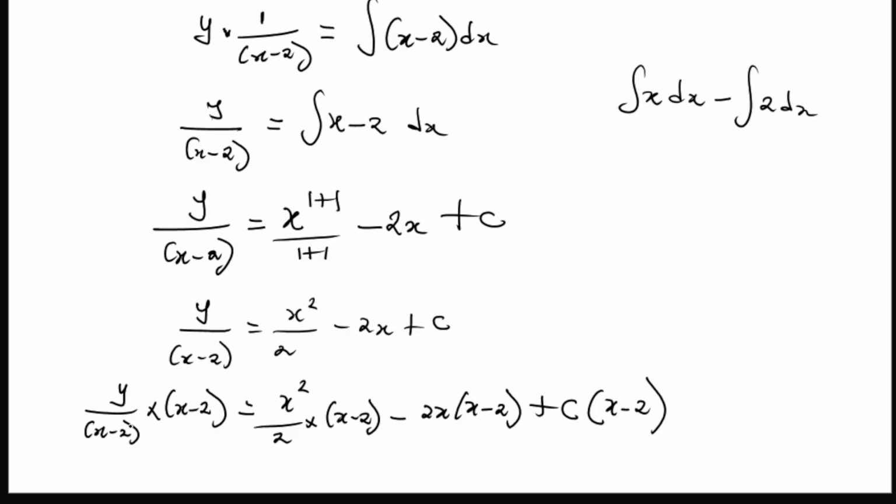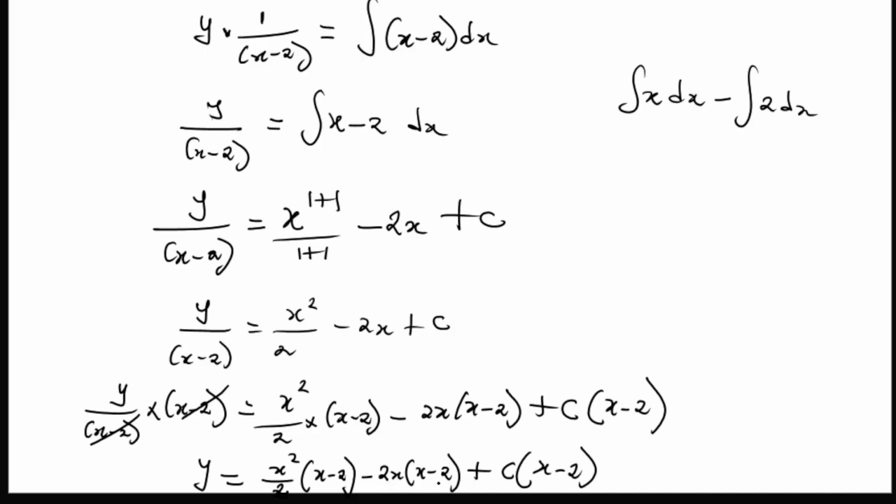Now look at your equation. You can see that what you have here can simply cancel out what you have here, and you'll be left with your new equation: y is equal to x squared divided by 2, this is 2 here, times x minus 2, minus 2x times x minus 2, plus your constant c times x minus 2.